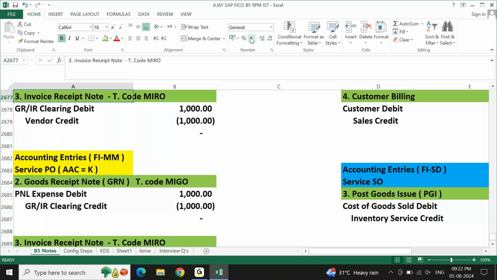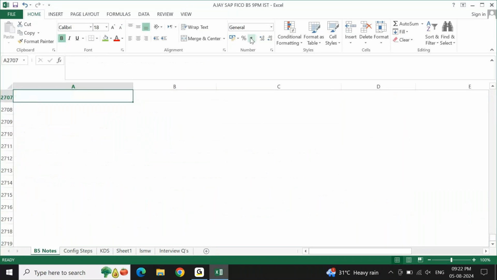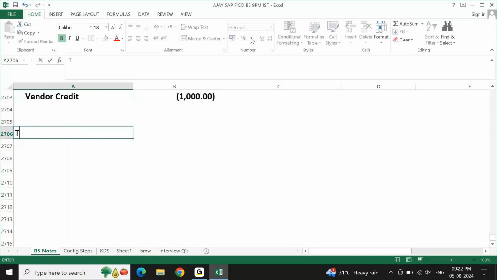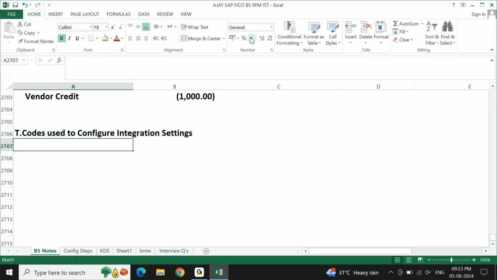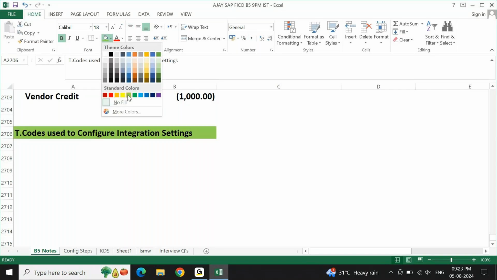Next thing that we need to understand, two more points. T codes used to configure integration settings. You need to understand the T codes. You also need to understand the tables.